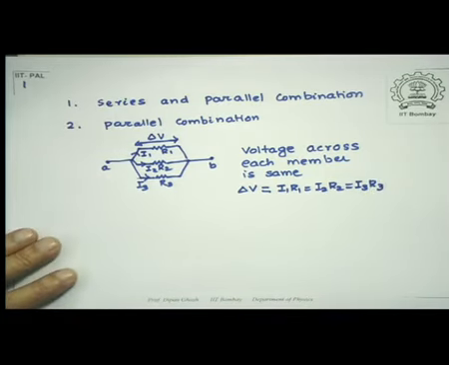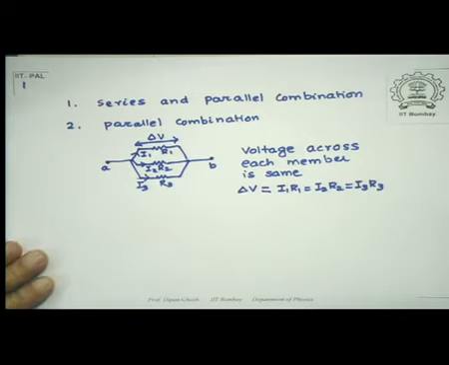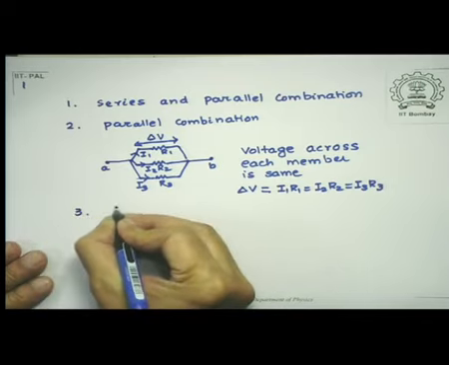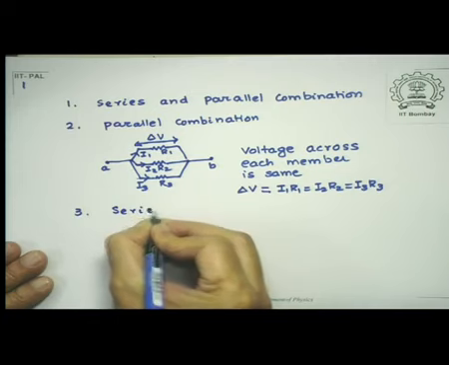So when you look at a combination, the way to recognize whether it's a parallel combination or not is to check whether the voltage drop across various members are the same.